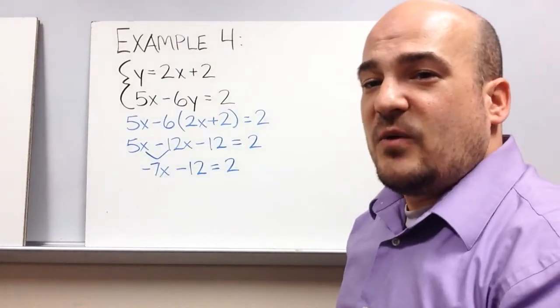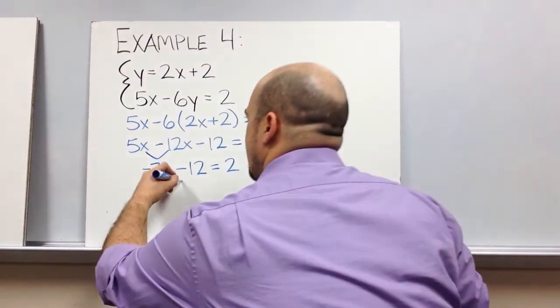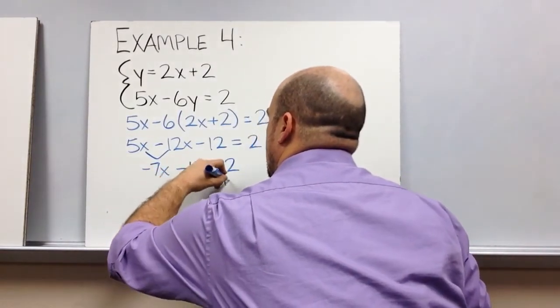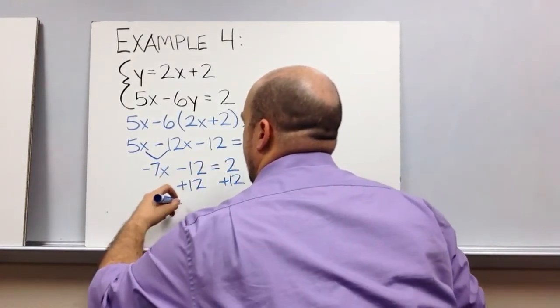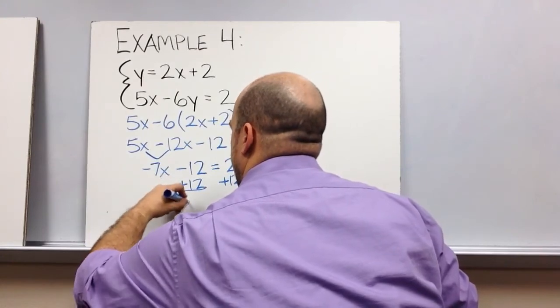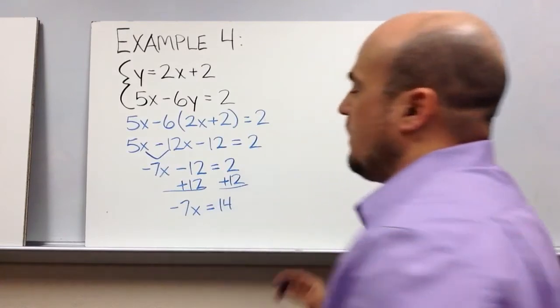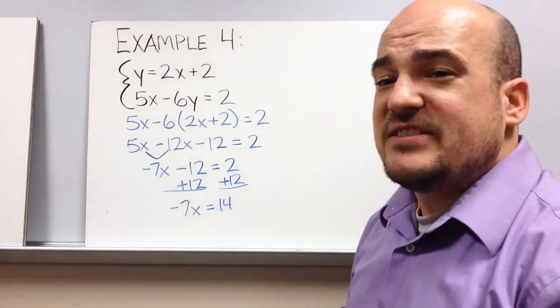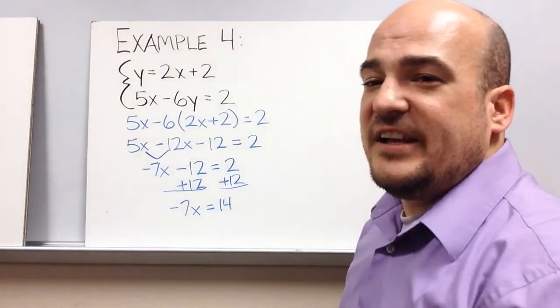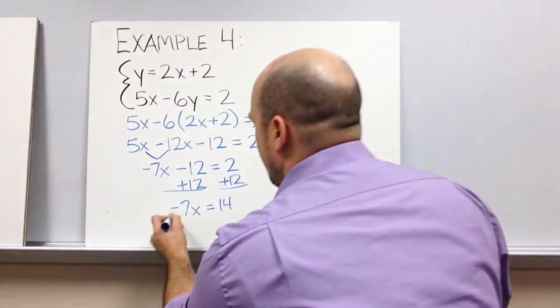Now I've got a two-step equation. I can add 12 to both sides. When I add 12 to both sides, I get negative 7x equals 14. All I need to do now is divide by negative 7.